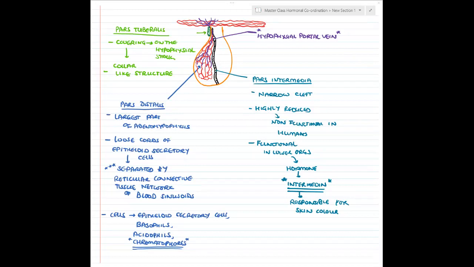This is intermediate. Okay, what are acidophils called?